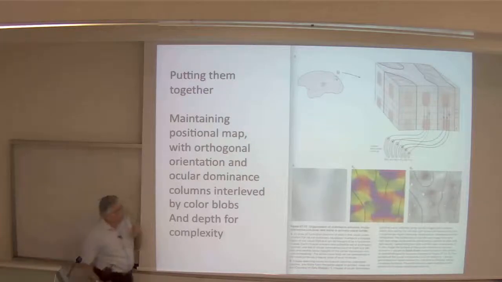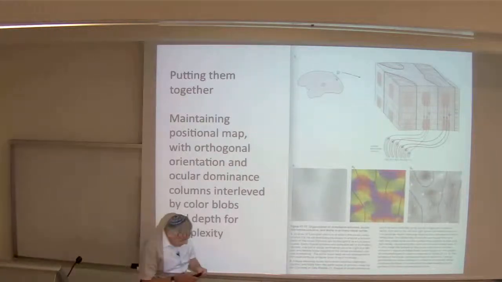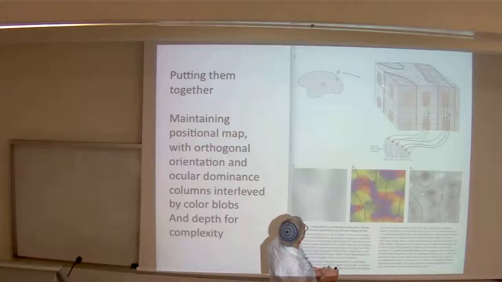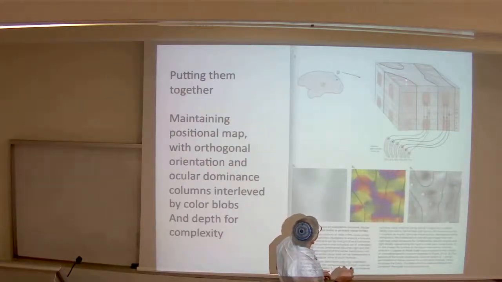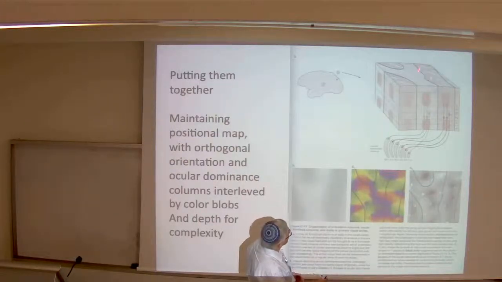And there is a kind of orthogonality: this area is left eye, this is right eye, this is left eye, and these areas, left and right eye, are orthogonal to the differences of orientation which are within each one of them.